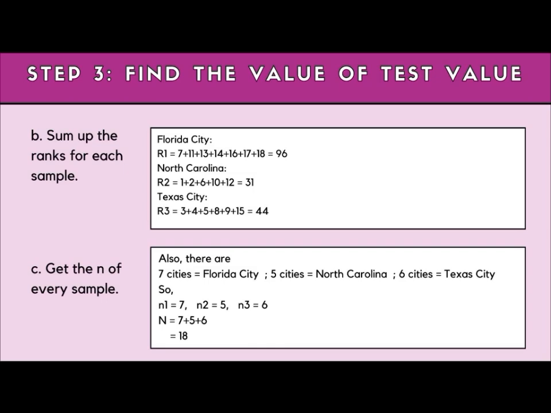So for Florida, that would be our n sub 1, and for North Carolina will be our n sub 2, and Texas will be our n sub 3. So our n will be equal to 7 plus 5 plus 6, which is equal to 18. Okay, so kindly take note of all the values because we're going to use that for our formula later.